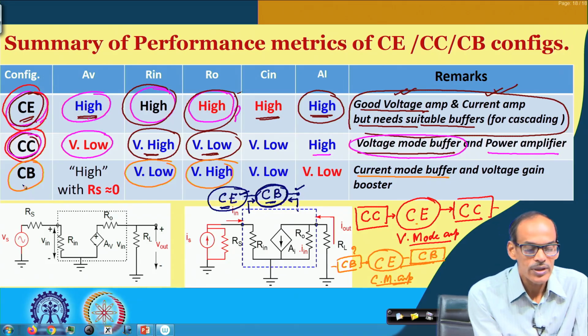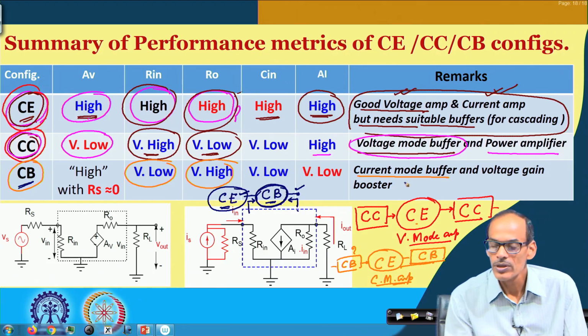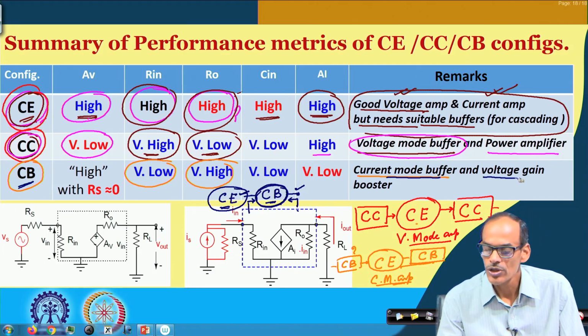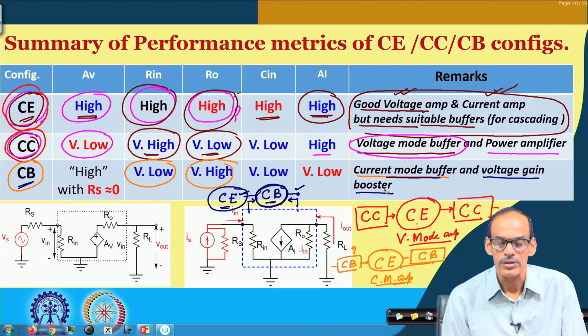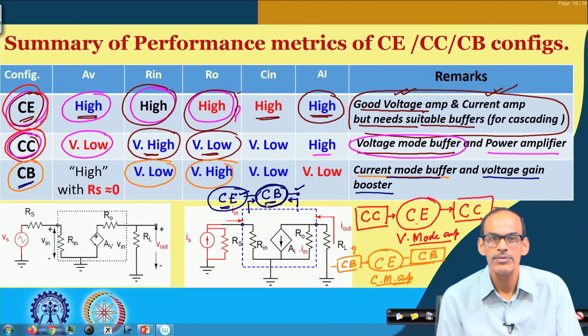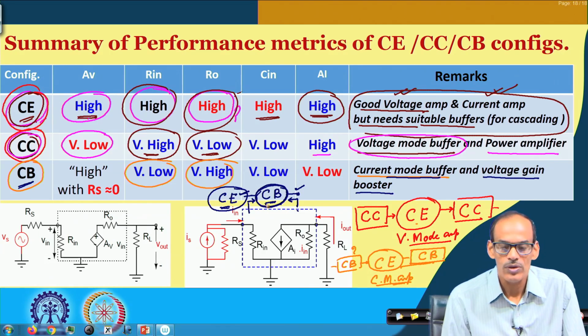So, this CB stage, apart from being used as a buffer for current mode amplifier, can also be used as a voltage gain booster.